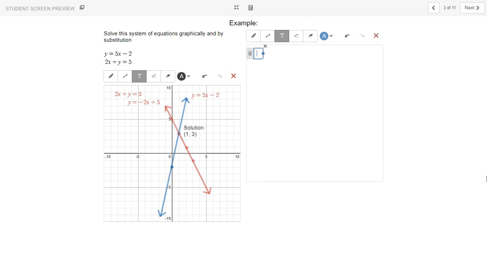Now, if we look at equation 1, we already have it in the form of y is equal to something. In this case, 5x minus 2. Now, everywhere we see the y term in the second equation, we're going to substitute it in. So we're going to substitute 5x minus 2.